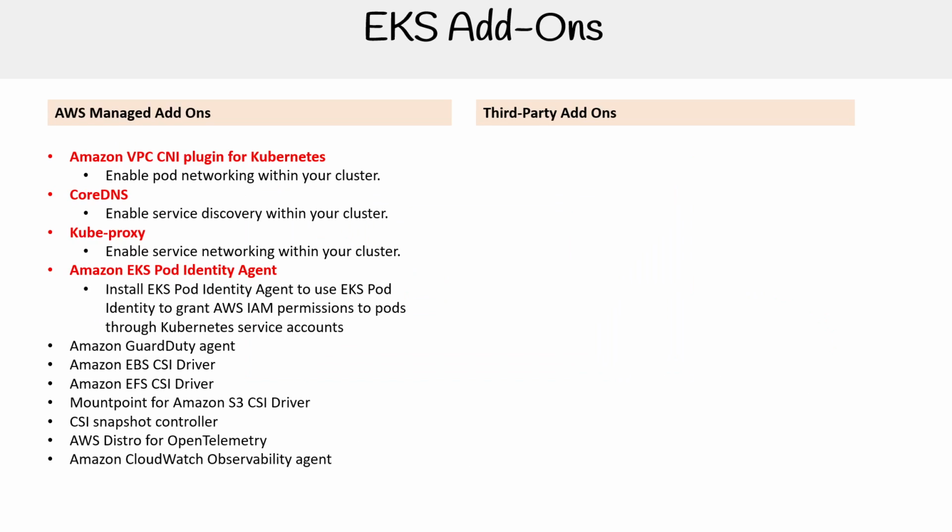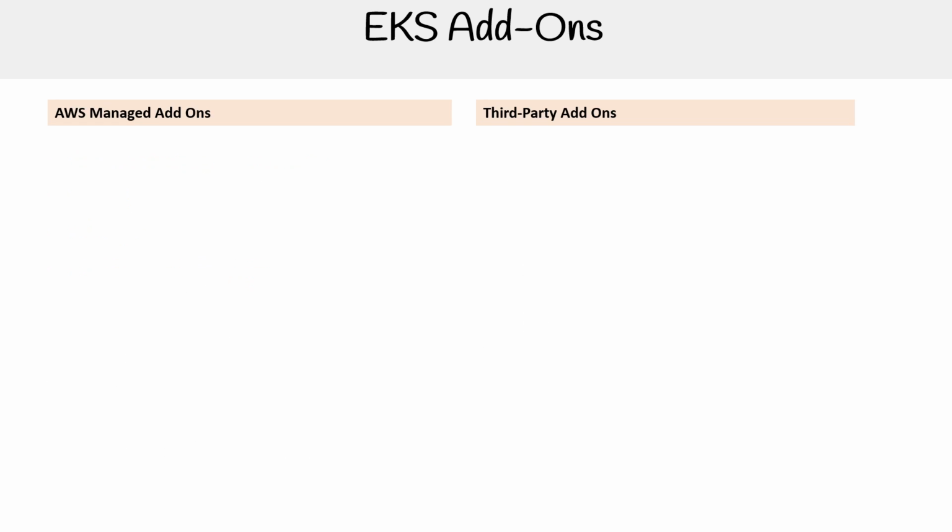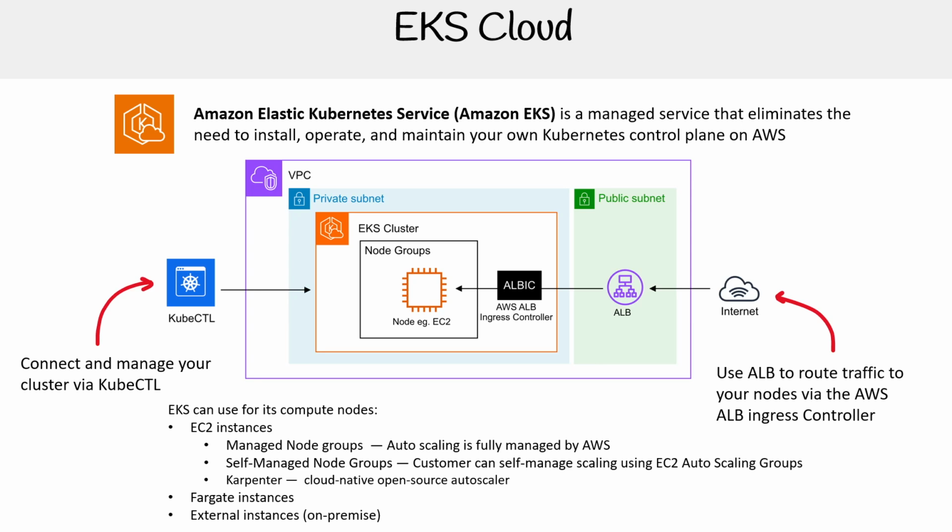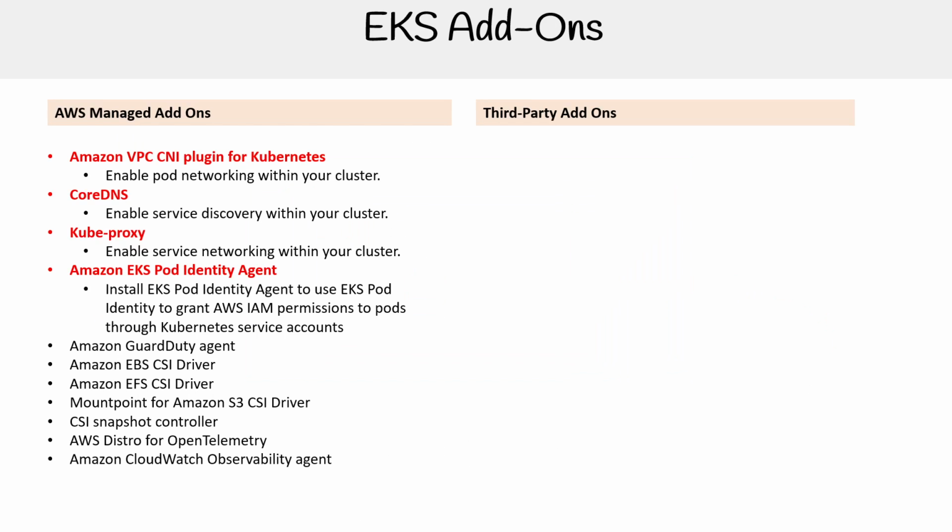There are add-ons that you can work with EKS. We're not going to read all of them here, but the main ones that you should know: the top one says AWS VPC CNI plugin for Kubernetes, which enables pod networking within your cluster. I wanted to say the ingress controller. I guess it's not even in the list here. We listed it, the AWS ALB ingress controller, but that is a very important component.